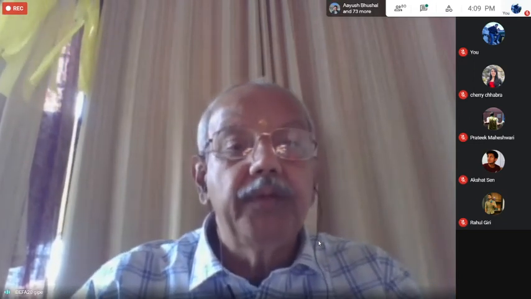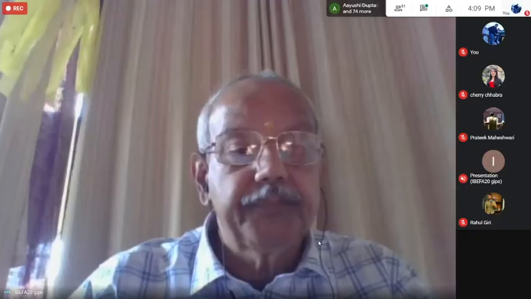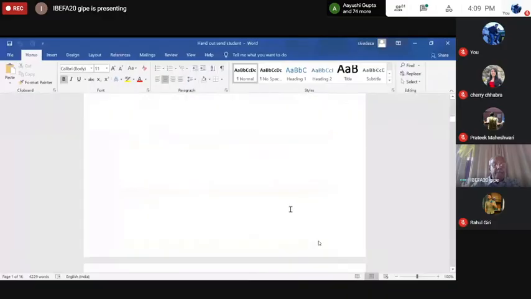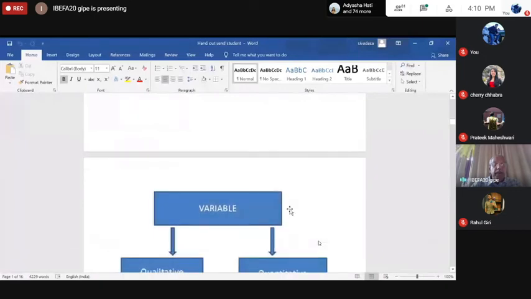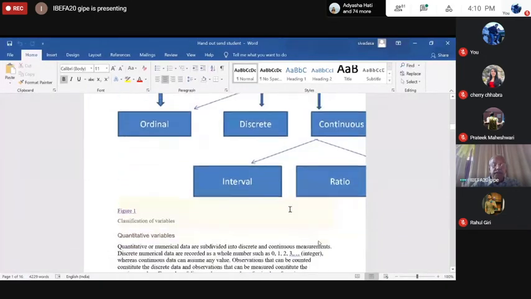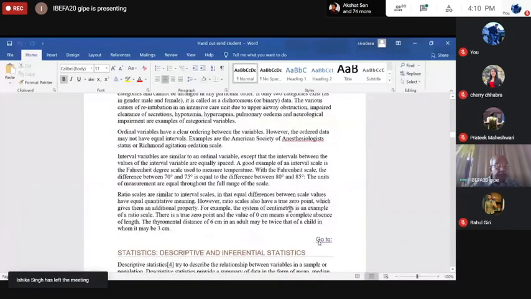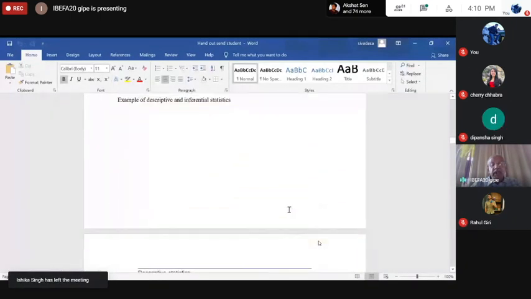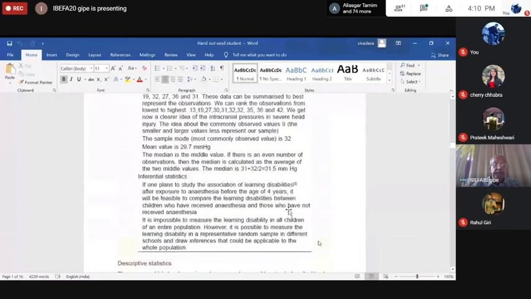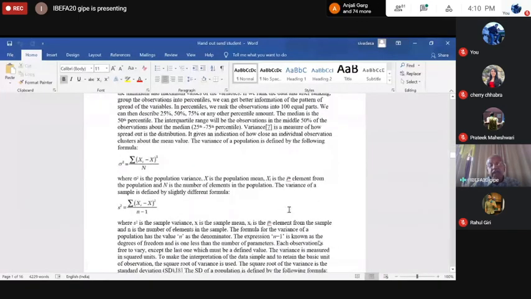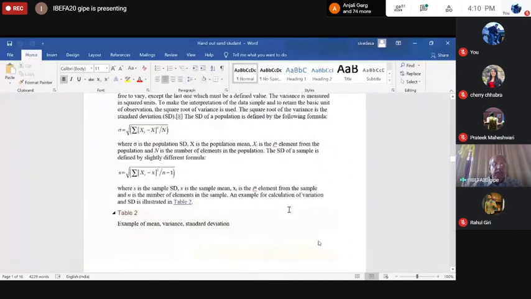This handout. Lot many things are there in the handout. About 16 pages are there. All the formulae which I gave on the handout are also there.